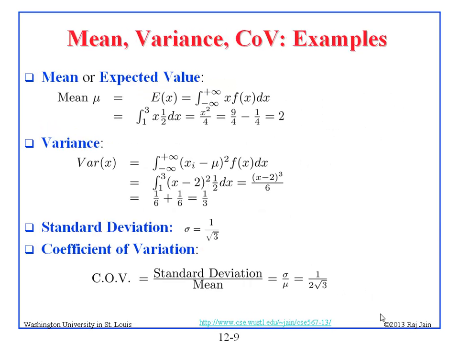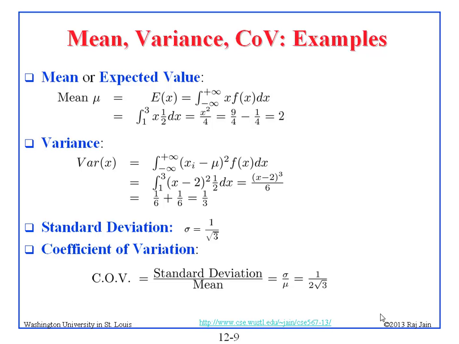Oh, actually, this is just an example of the previous thing. So we had the example of the distribution, and that was uniform distribution. Remember the uniform distribution from 1 to 3. So minimum is 1, maximum is 3, and the probability density is half anywhere in that range.